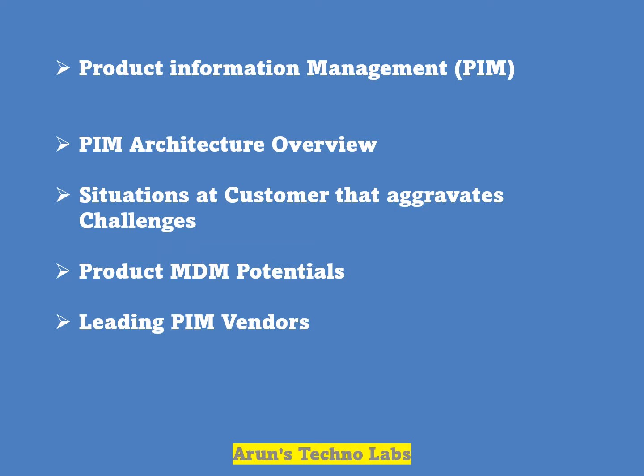Here we are going to cover product information management and a high level architecture of the complete PIM landscape, the challenges customers face, potential MDM products, and the leading vendors in the market, and STIBO is one of the leading vendors in the market.